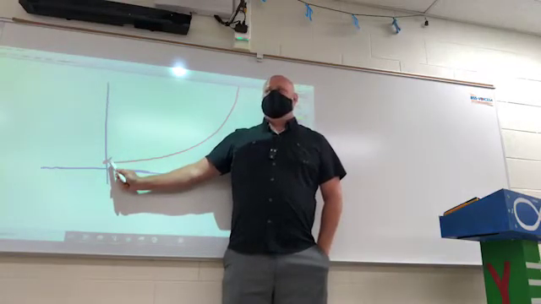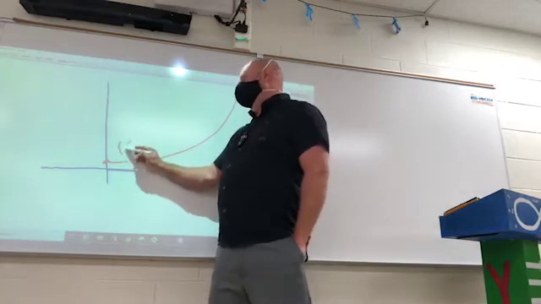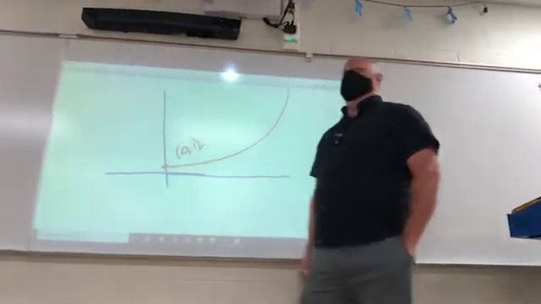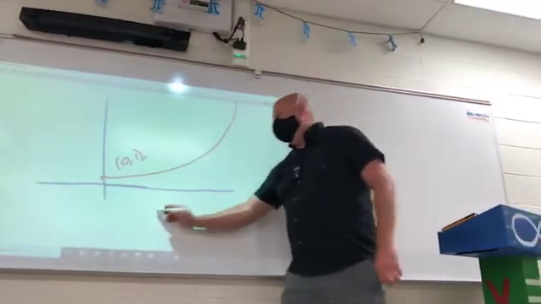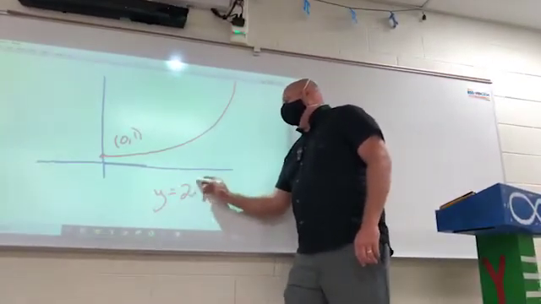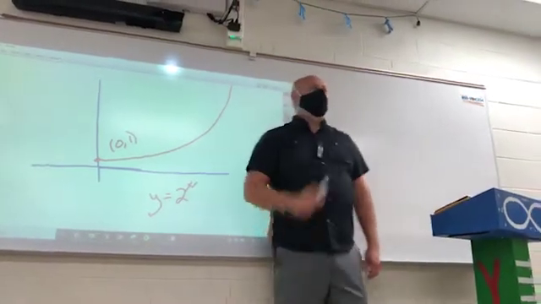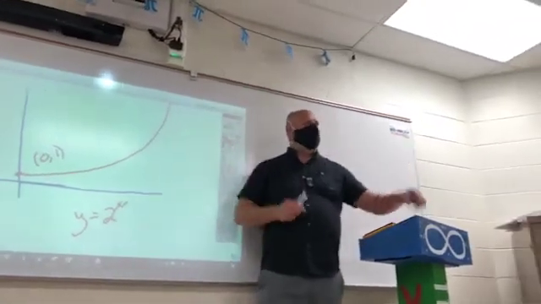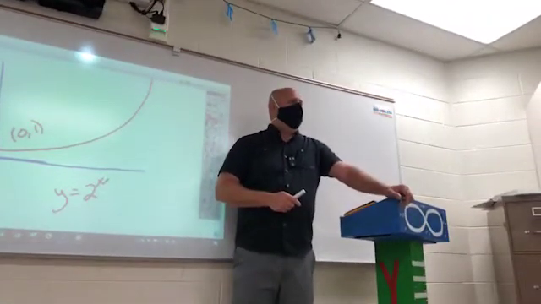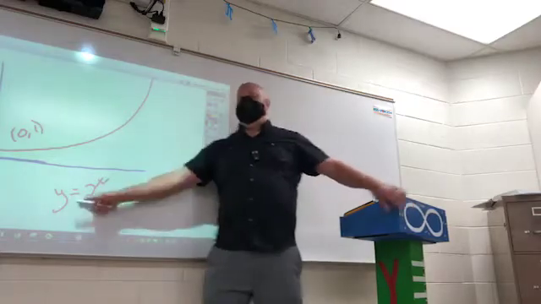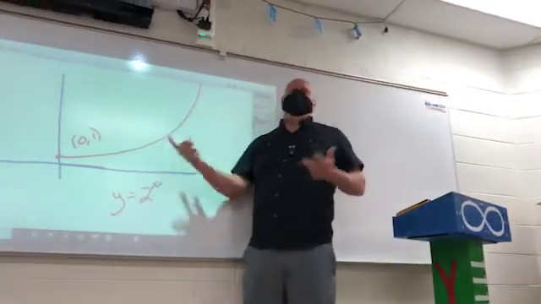It's not 0, 0. Why will all exponential functions go through that point? This is basically the graph of y equals 2 to the x. Why will they all go through that point? Any number to the 0 power is 1. So we're always going to hit that point.